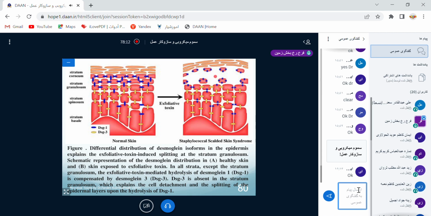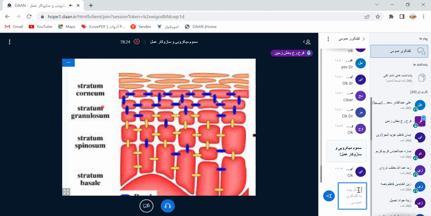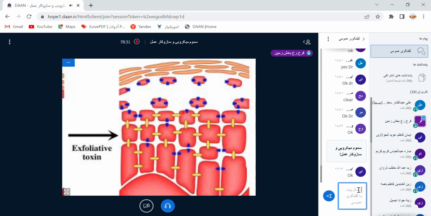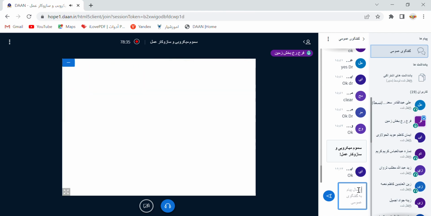So here you can see now there is a space between cells, and very easily the stratum corneum and the stratum granulosum are removed, and bacteria very easily can come to the deeper parts of the skin.